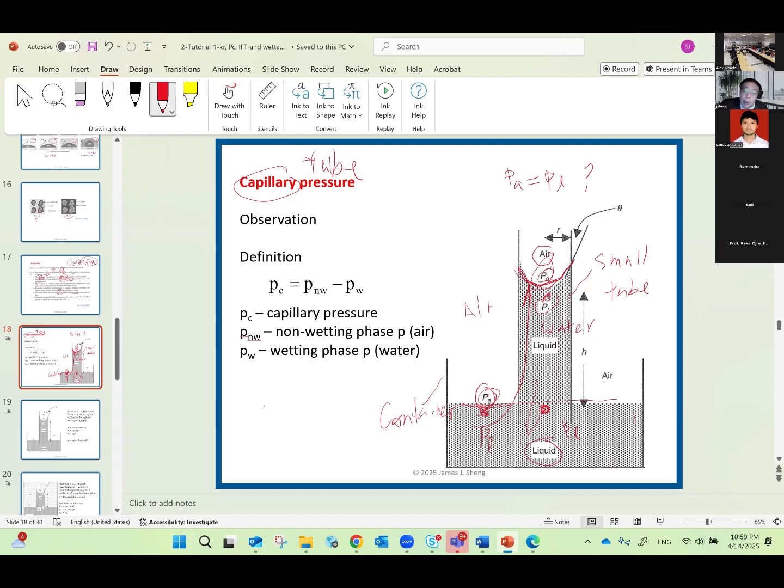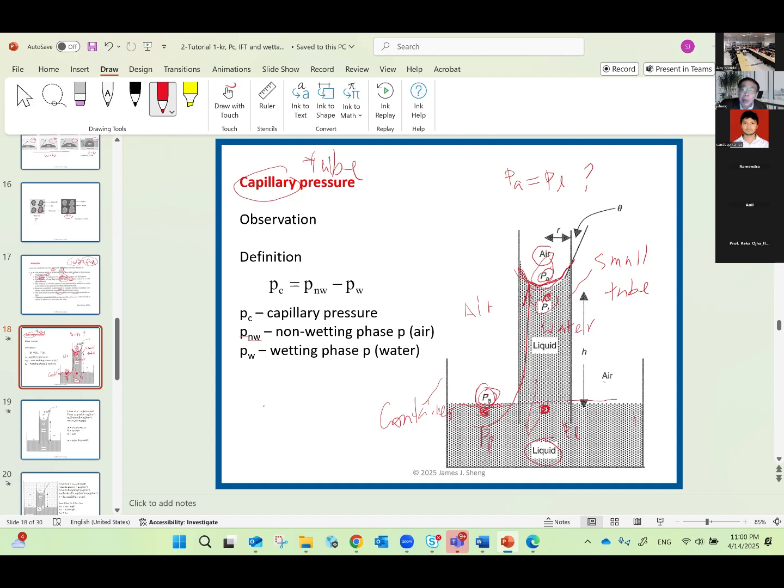But now you have a water column, so the pressure at the top and the pressure at the bottom should not be the same. Why? Because you have a water column. Water has gravity. So the water pressure at the bottom should be higher than the water pressure at the top, right? But this water pressure at the bottom is equal to the air pressure.